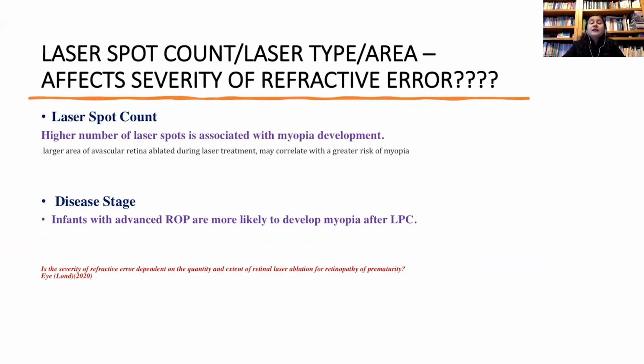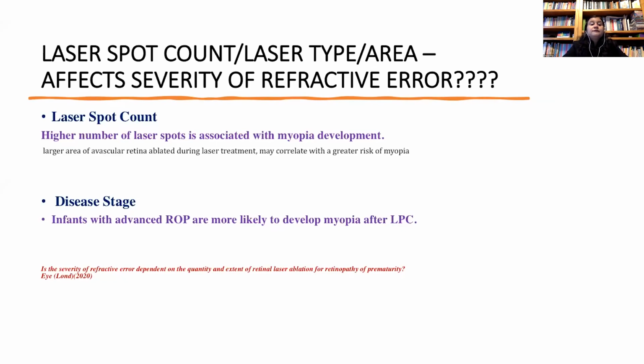So do laser spot count, laser type, and area affect the severity of refractive error? The higher the number of laser spots, the more the myopia. The larger the area of avascular retina ablated, the greater the risk of myopia. Whether the laser is done with diode laser or argon laser doesn't matter.